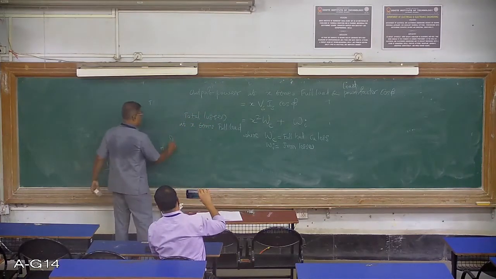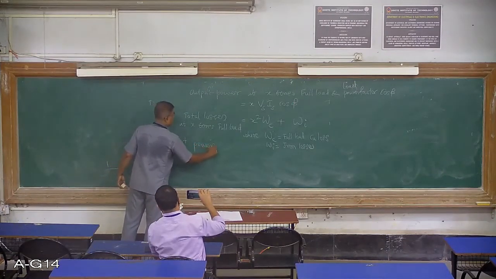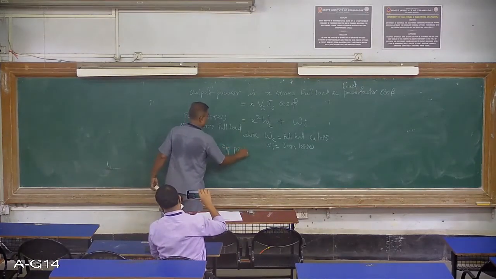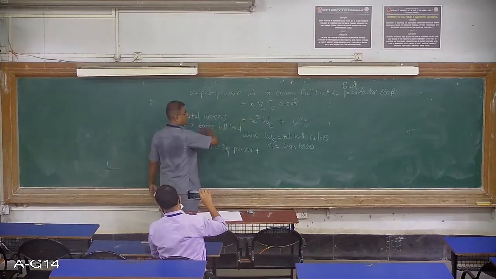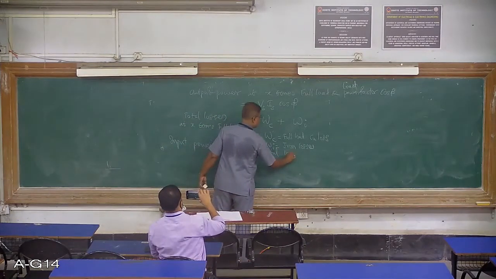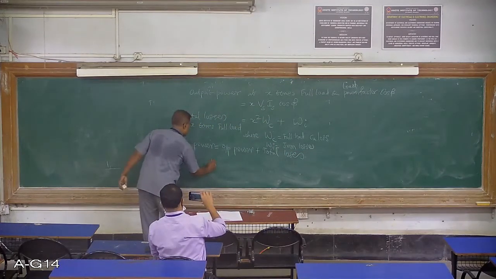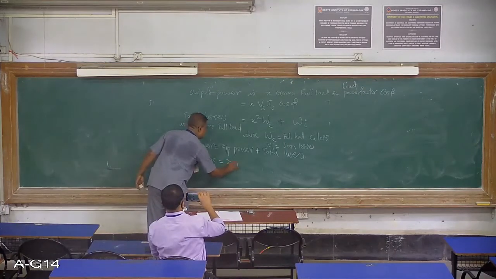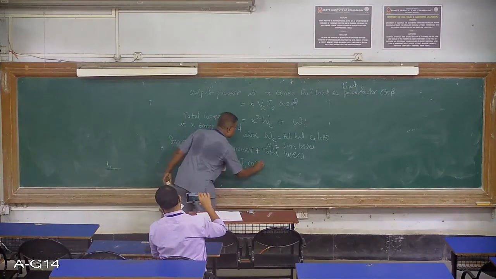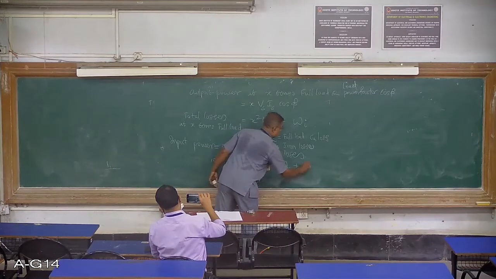So what is input power? Input power is equal to output power plus all these losses, total losses. That is x Vs Is cos phi plus x squared Wc plus Wi.